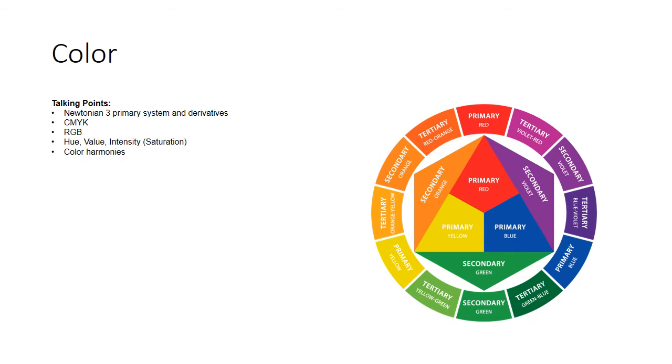Now, all of that is assuming we are talking about works on a two-dimensional surface, like a piece of paper, a canvas, something flat, right? The minute we move into what you're looking at right now on a screen, because you're looking at a monitor, you're looking at actual light, and it is constructed of different primary systems: red, green, and blue, and that has to do with the physics and the wavelengths of those light sources.